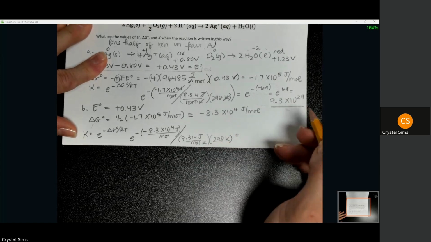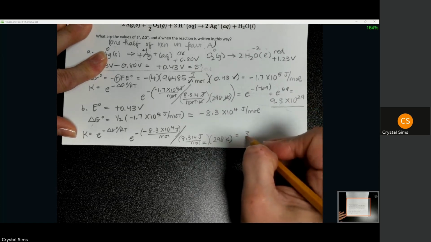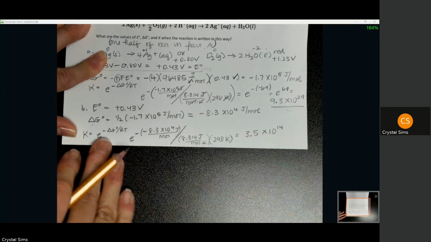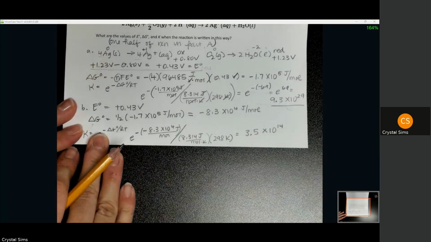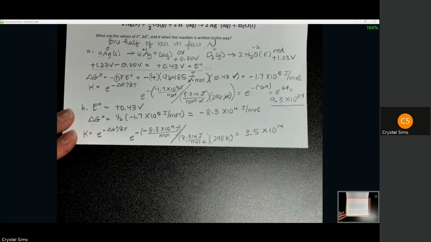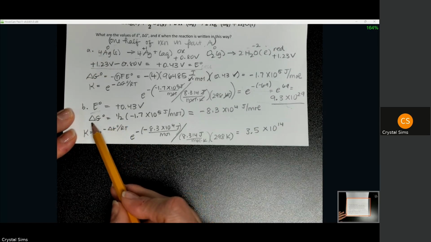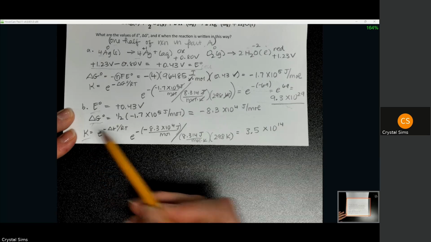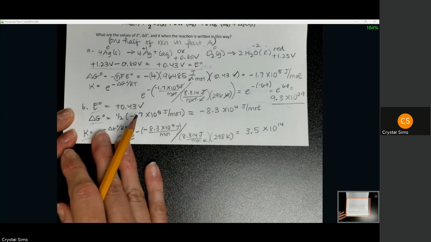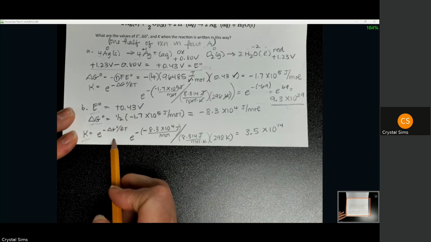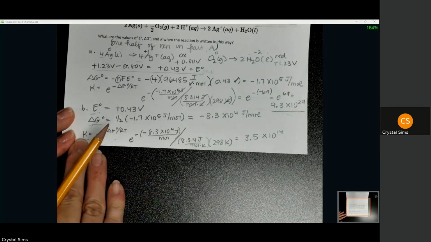And that gives us 3.5 times 10 to the 14. Okay. So that is our standard potential, change in Gibbs free energy, and equilibrium constant. So we had a little bit of work saved for us with these two, but then you do still have to work this one out completely.